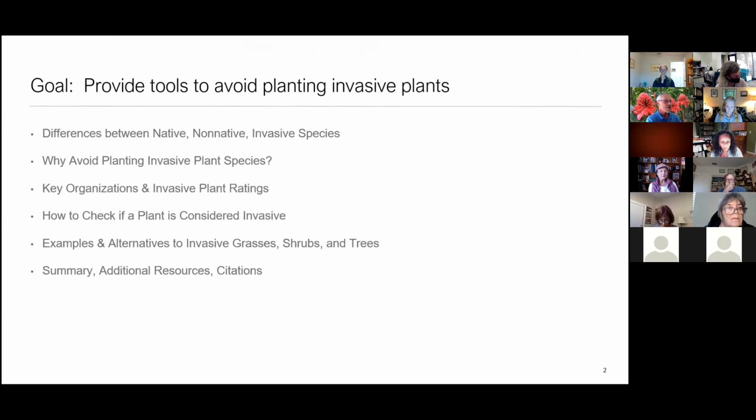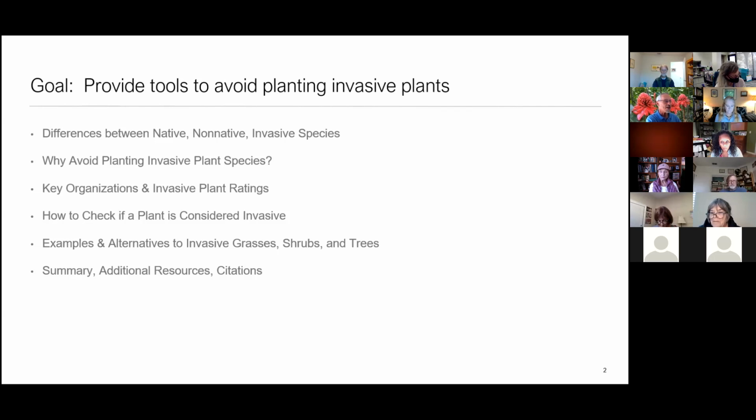I'm going to talk about the terms, the definitions of native, non-native, and invasive species, so we're all on the same page. And then why we should avoid invasive plants, and some of the government and non-governmental organizations that oversee this topic, and some of their rating systems.